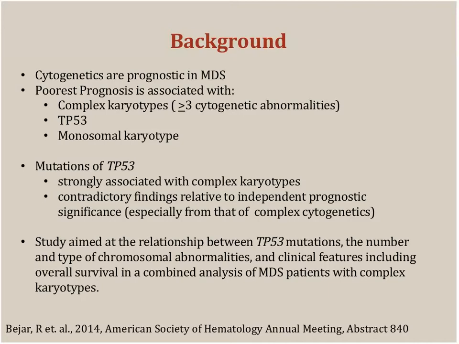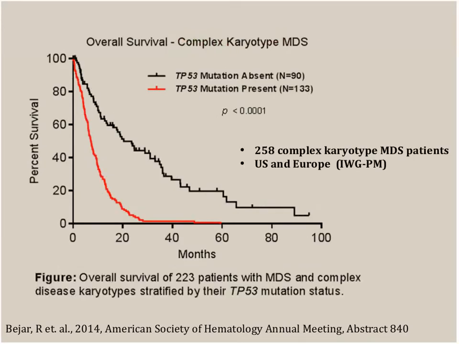So this study looked to understand the relationship between the presence of p53 mutations, the number of chromosomal abnormalities, and some of the clinical features. This is work that was led by Bejar and presented at ASH.